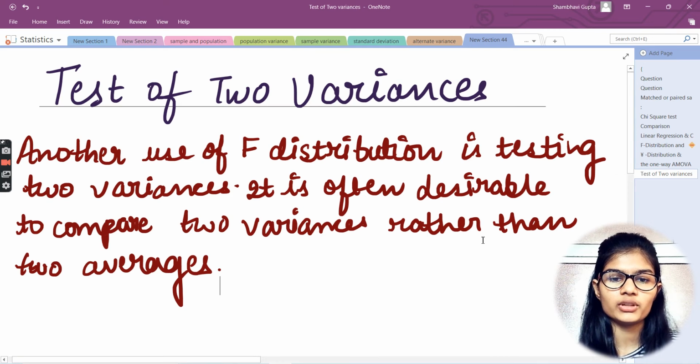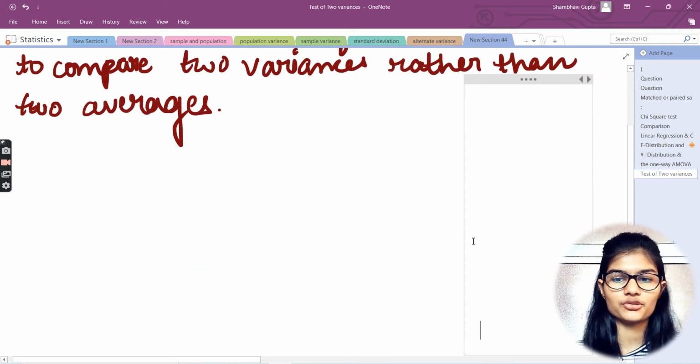Now, in order to perform an F test of two variances, what are the important things that need to be kept in mind?